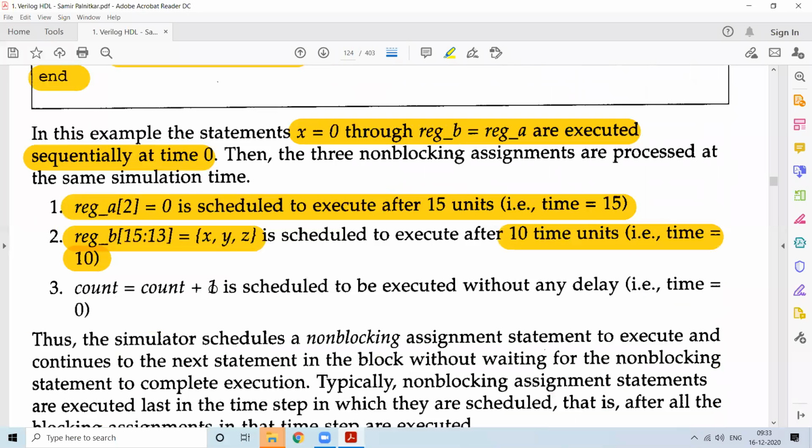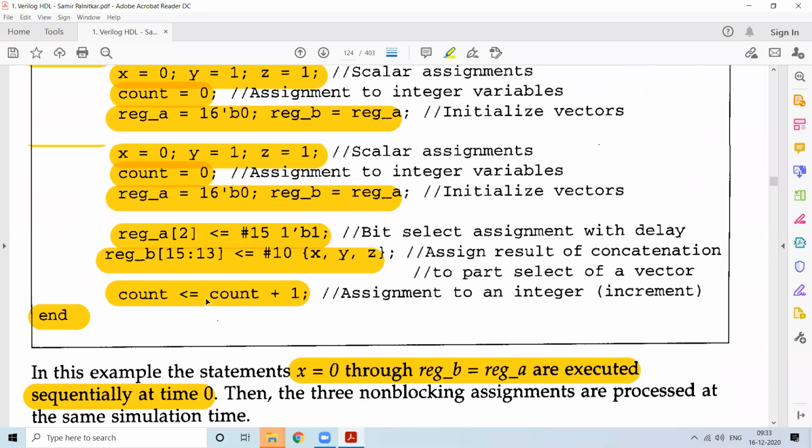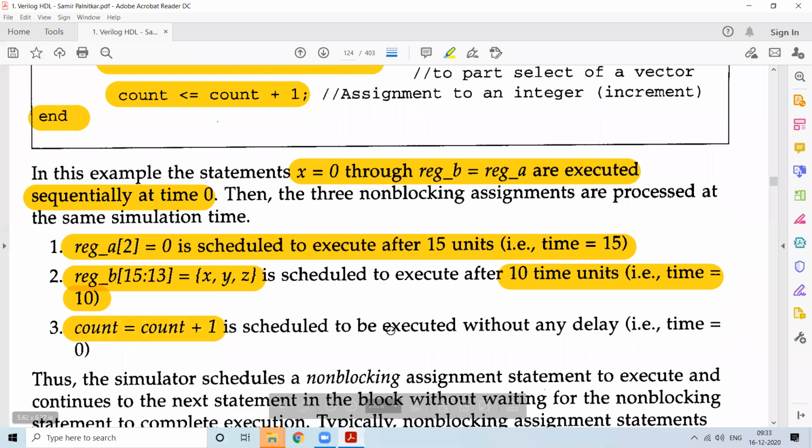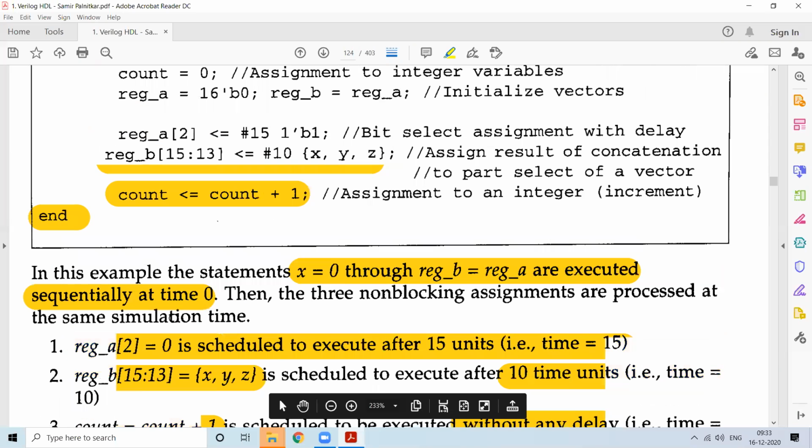Then count is equal to count plus 1. Since again it is a non-blocking assignment, count plus 1 will be taken and assigned to count. Since there is no delay, at time t equal to 0 it gets assigned without any delay. Whereas in the previous case, it was getting assigned after 25 time units.